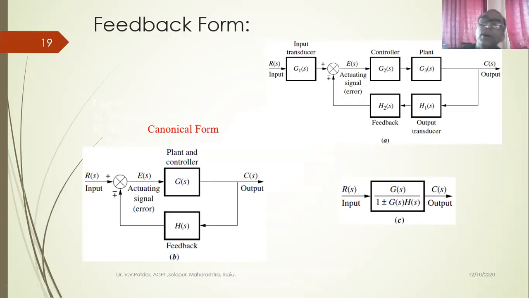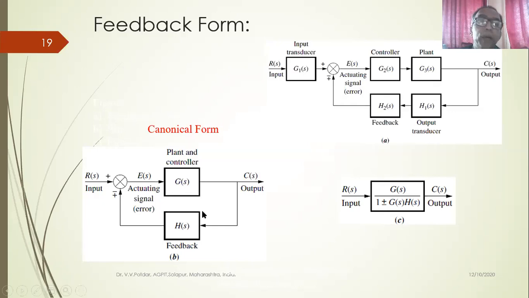Okay, so this is a representative block diagram for a certain plant, let us say. Now this can be reduced by using our rules of block diagram algebra. These series blocks can be combined into a single block. These series blocks can also be converted into a single block.